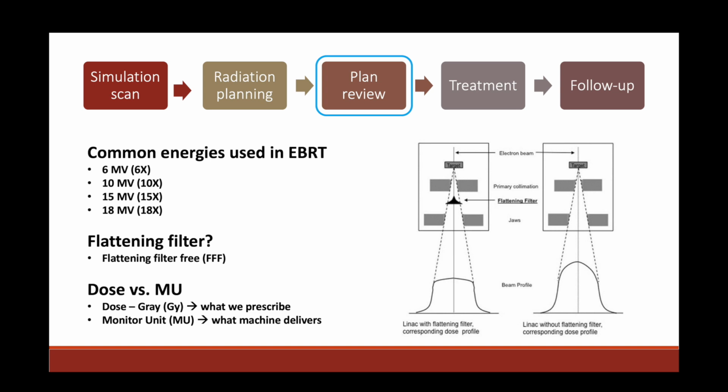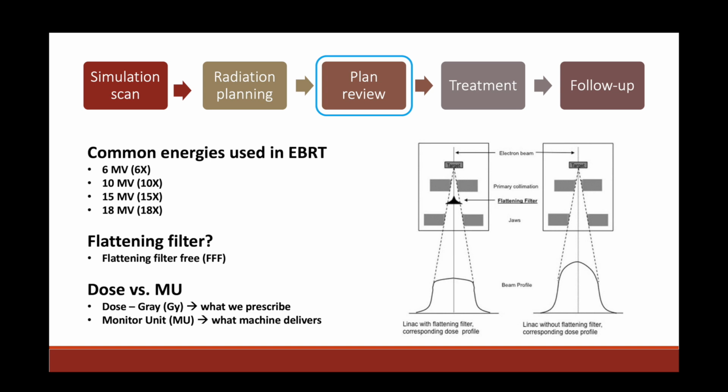But with stereotactic radiation, the way that that's planned, it's actually okay. It's just advantageous to treat FFF, or flattening filter free, because that treatment is delivered faster. So again, details that will come more to light in future physics classes, but I do think it's good to just be aware of what the energies mean and what FFF means.